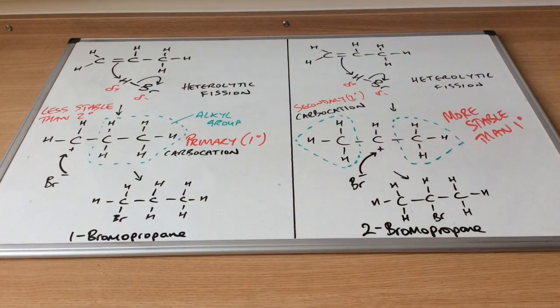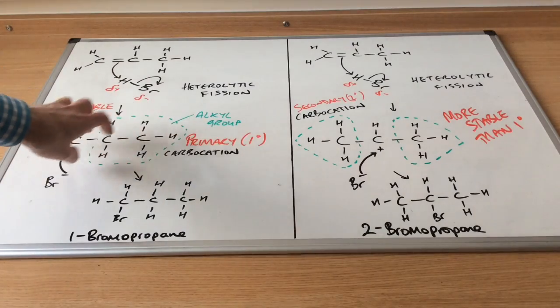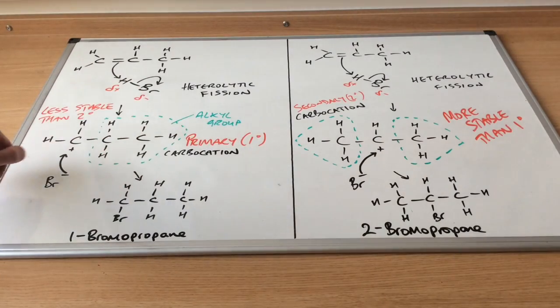Good job, we're nearly finished because this board's getting very cluttered now, so hopefully you can still make sense of it. You can see I've added there that the secondary carbocation with its 2 alkyl groups is more stable than the primary one. And on the left, the primary carbocation with its 1 alkyl group, remember releasing electron density towards a positive charge, is less stable than the secondary.